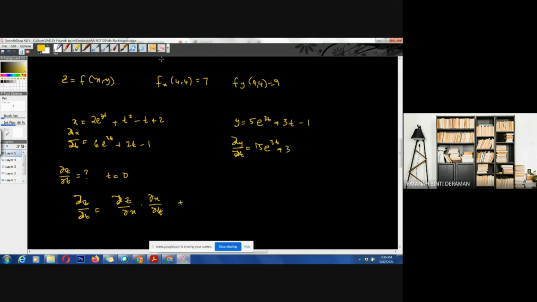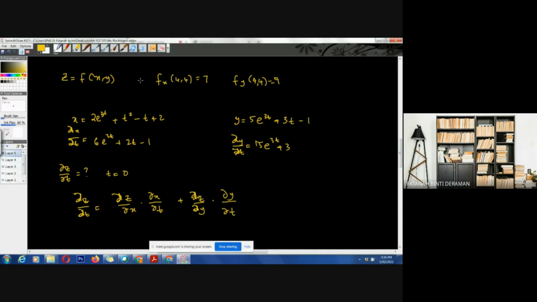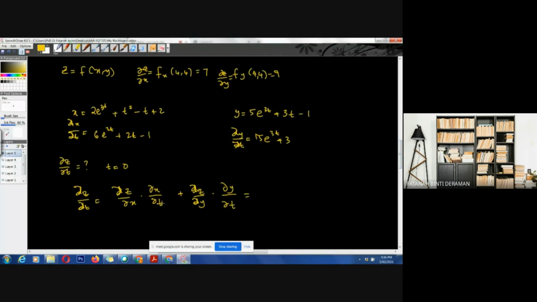So dz/dt equals ∂z/∂x times dx/dt plus ∂z/∂y times dy/dt. What is this? This is the partial derivative of f with respect to x and y. So ∂z/∂x equals 7 and ∂z/∂y equals 9, at (x, y) equals (4, 7). So we substitute here.